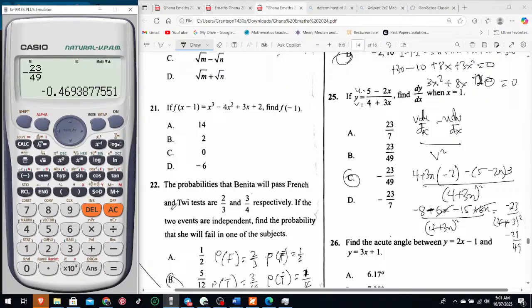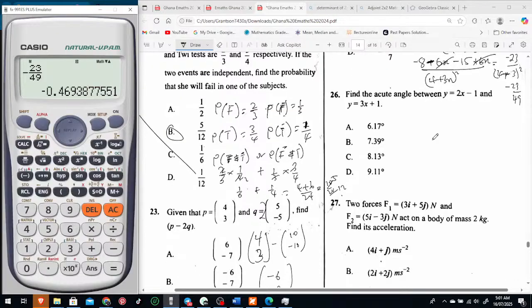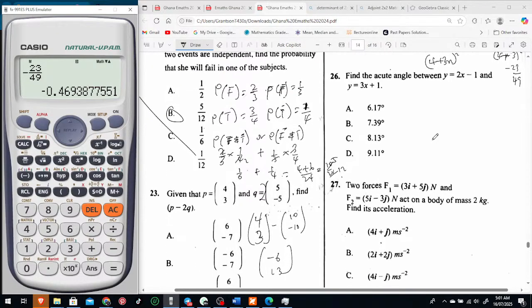Did you understand? Yes, sir. So something like this, you can use a calculator. Find the acute angle between this and this. The answer is tan theta equals m1 plus m2 over 1 minus m1 m2.